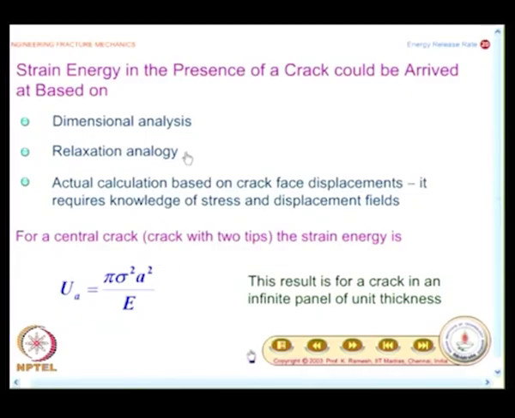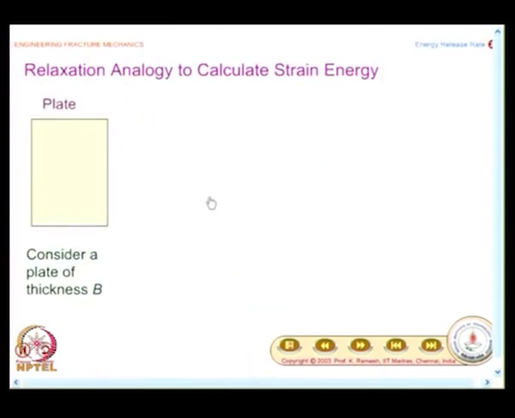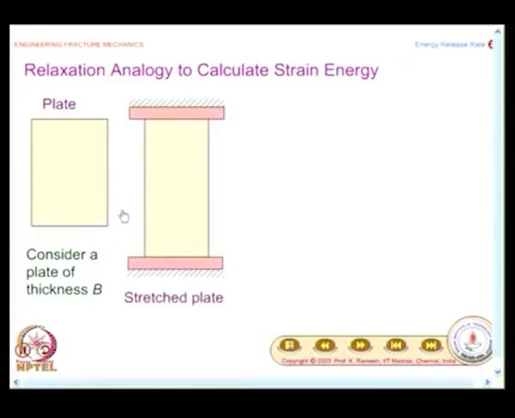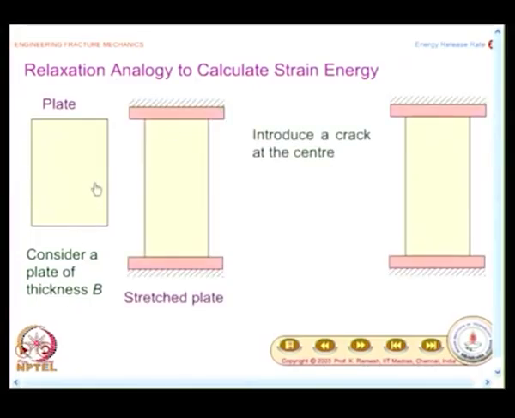But ultimately you will be able to convince yourself only when you do the actual calculation. This we will postpone for the moment, nevertheless we will have a look at it. Now, let me look at the relaxation analogy. I take a plate of thickness B, because in the fracture mechanics literature, rightly or wrongly, they have used the symbol capital B to denote the thickness.